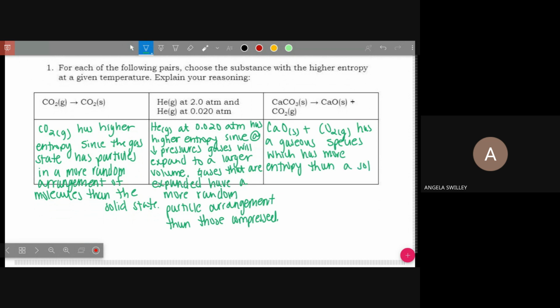So if you see something changing from a solid to a solid and a gas, that means you're going to have more randomness than just the solid by itself. There you go. I wrote it all. Okay. I hope you have a great evening, and I'll see you in class.